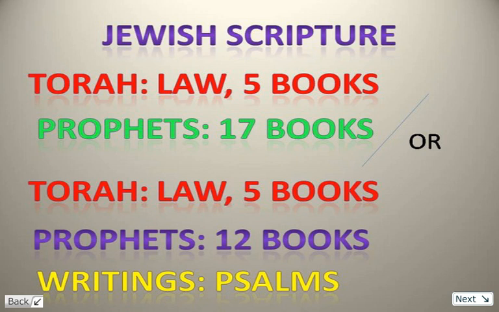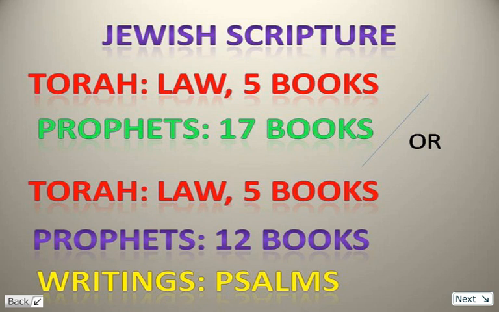And the word Tanakh, their word for all of Scripture, is an acronym for taking Torah, the Neviim, the prophets, and the Ketuvim, the writings, and putting that into an acronym, the Tanakh, standing for all of Jewish scriptures.